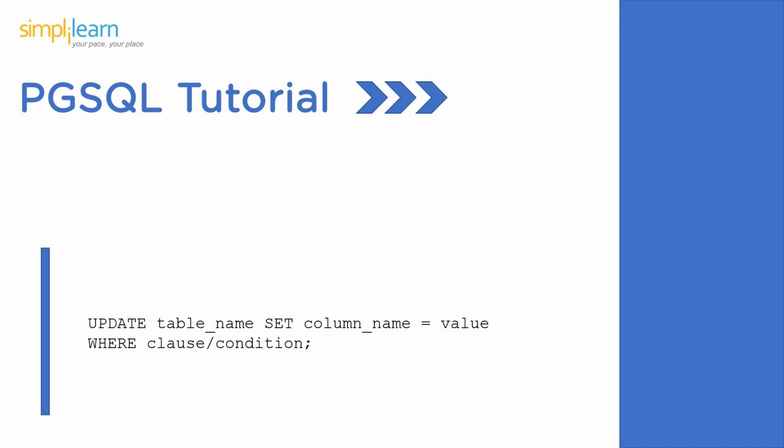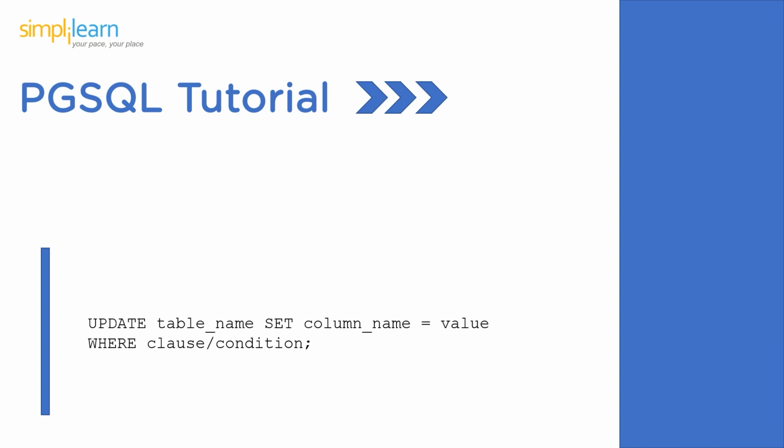After that we have the set keyword, followed by the column name, which is salary equals to value. Currently it is 18,000. Let's say we want to increase it to 20,000. Then we have to use the number 20,000 in the value place. Then we have the where clause, followed by the condition. Where exactly we want to change it? Where the employee ID is equal to the employee ID of Rishabh.